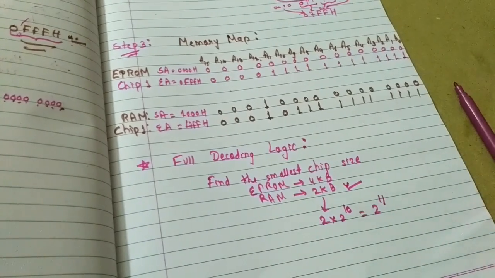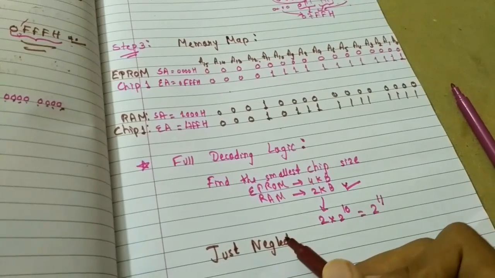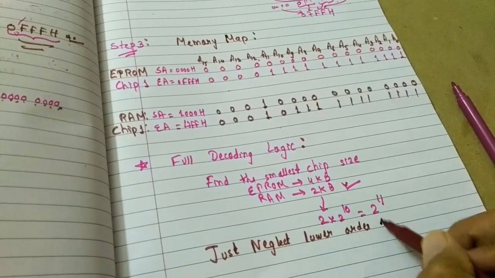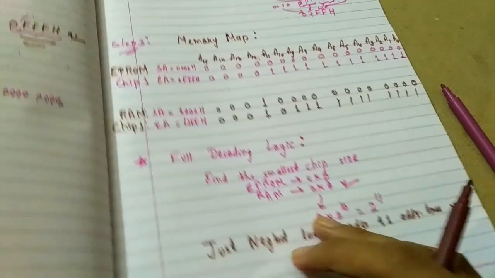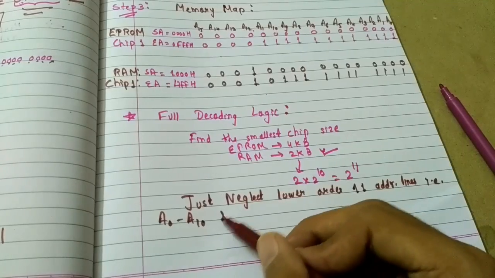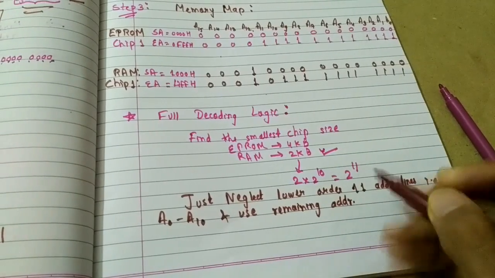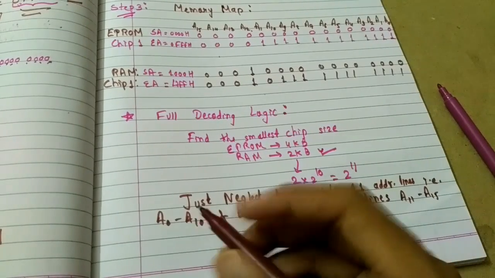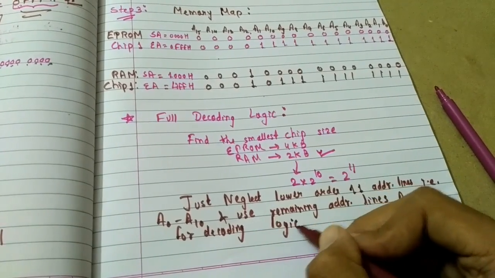So what we have to do is neglect the lower order 11 address lines, that is A0 to A10, a total of 11, and use the remaining address lines, that is A11 to A15, for the decoding logic.